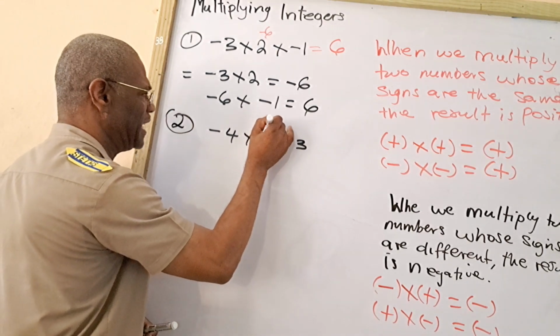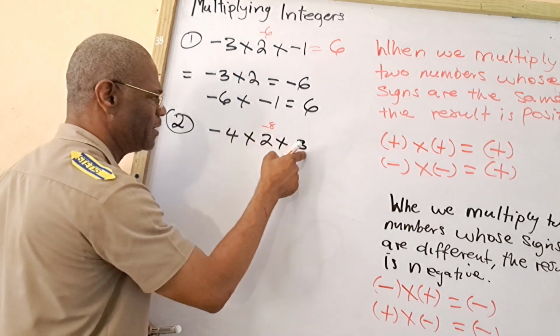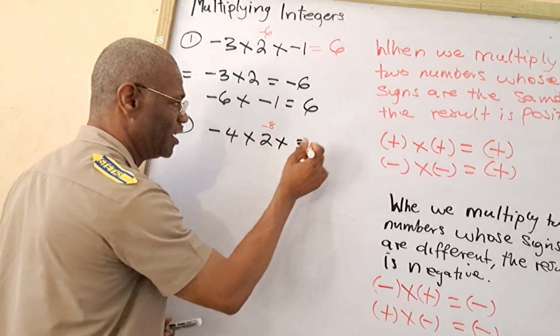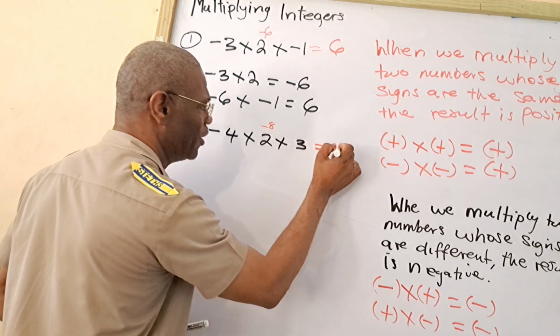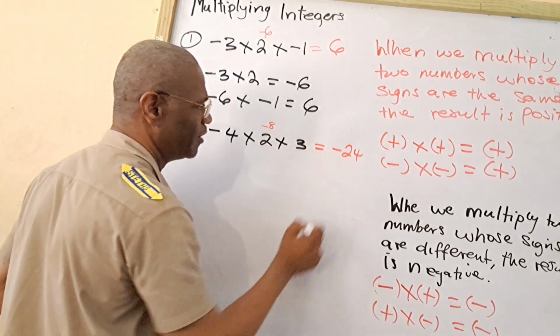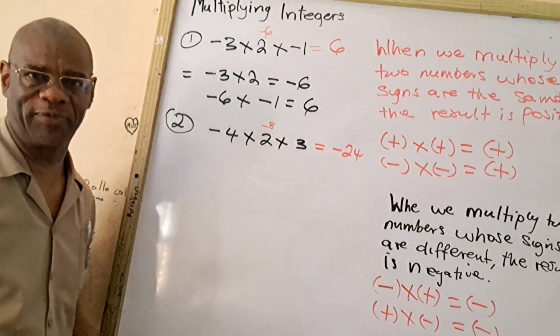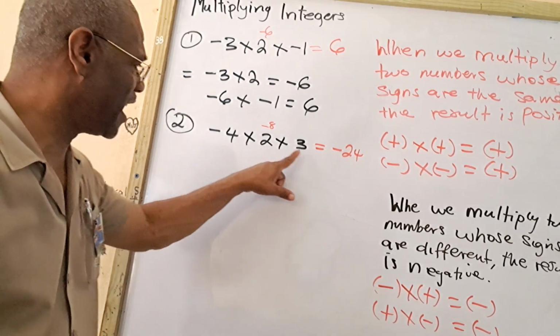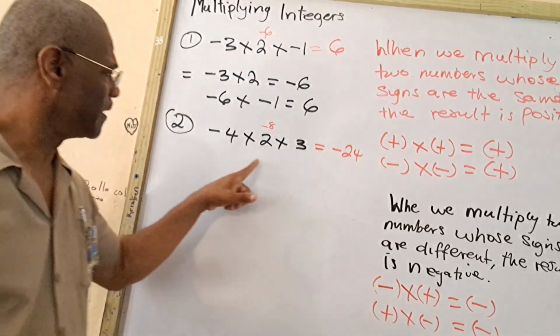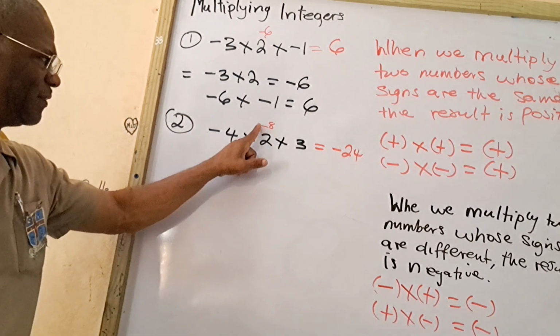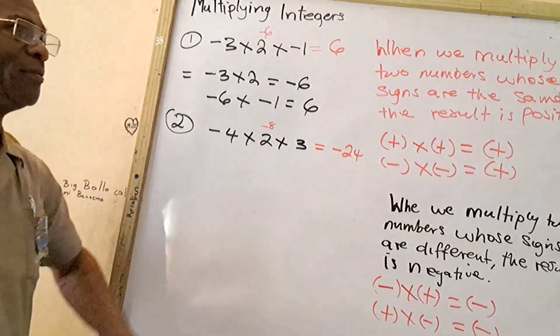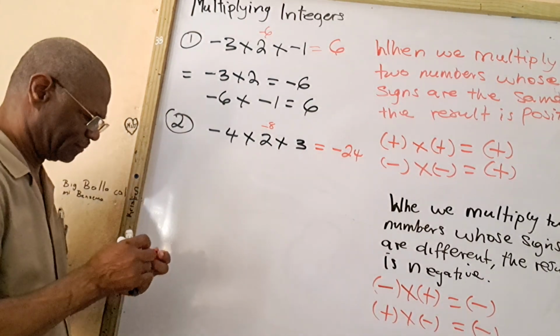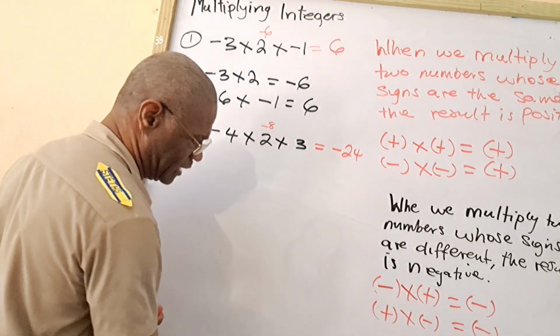So negative 8 times a positive 3 would give us negative 24. Why is it negative 24? Because the signs are different. It's negative 8 times positive 3, and the result is negative.